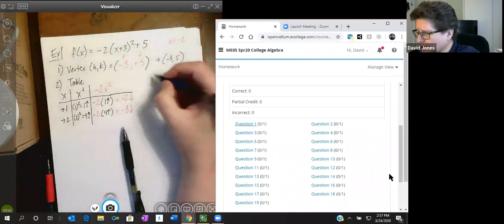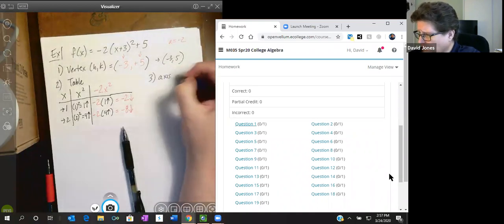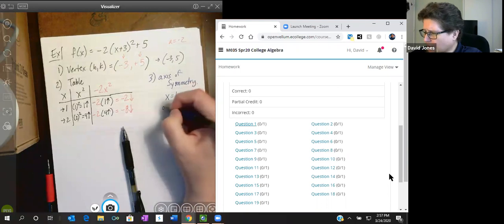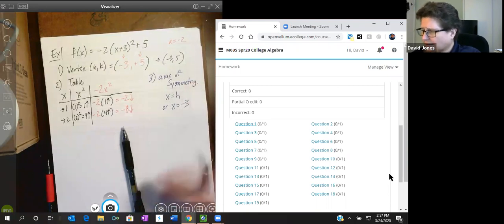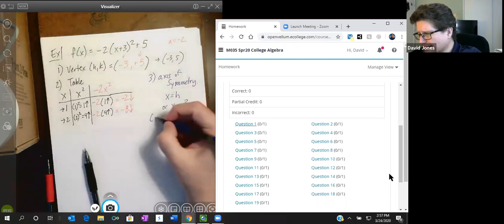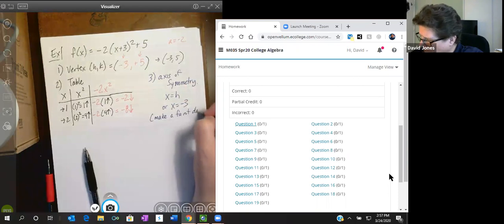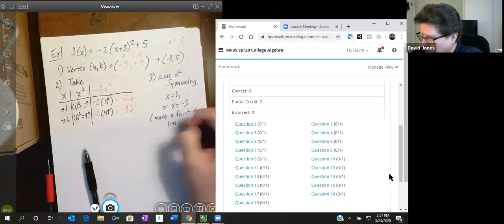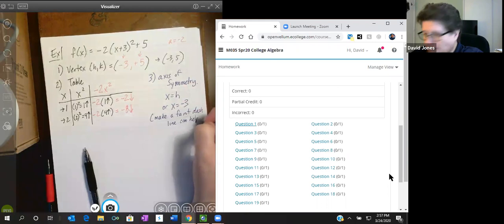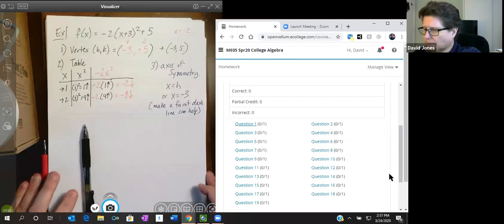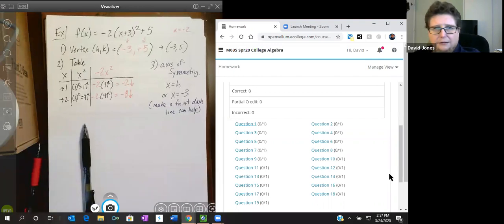My axis of symmetry, x equals h, or x equals -3. You might make a faint dashed line for it. Can help. All right, I'll pause, let you gather all that, and then we'll put all this together into the graph.